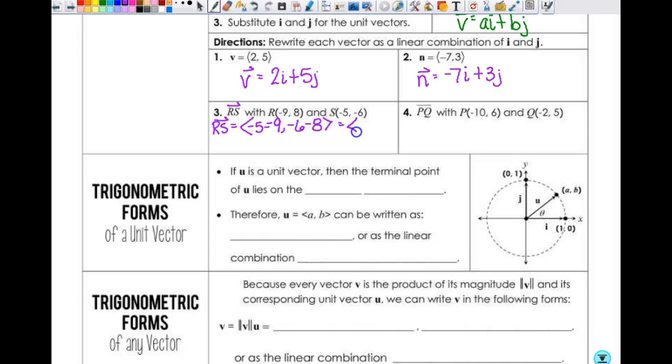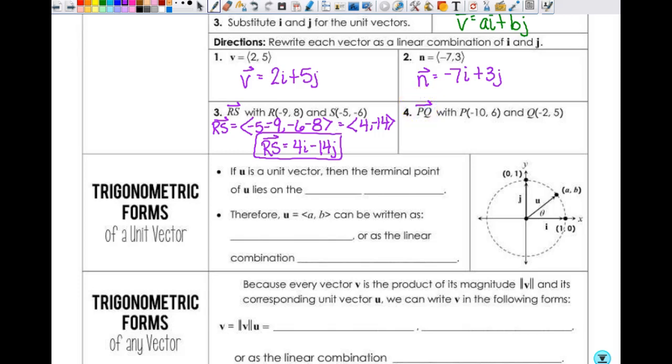So my vector becomes, that's going to be plus a positive, so that'll be a positive 4, and then negative 14. That means that the vector rs as a linear combination is going to be 4 times i minus 14 times j. There's your answer. All right, so you pause the video and you do number 4. Then you pick it back up, but make sure you pause.